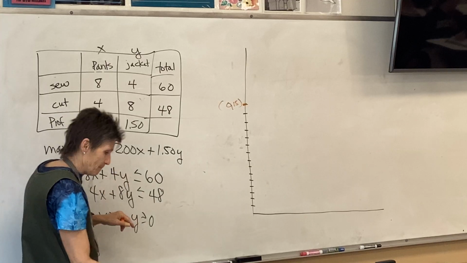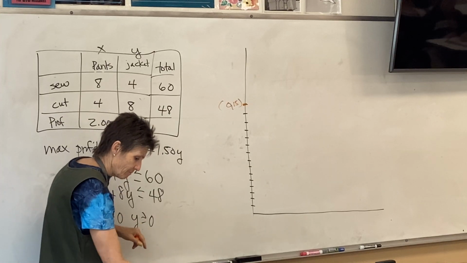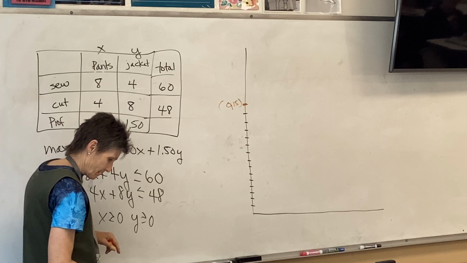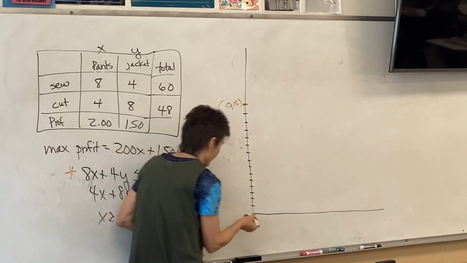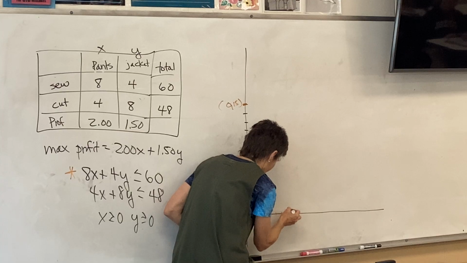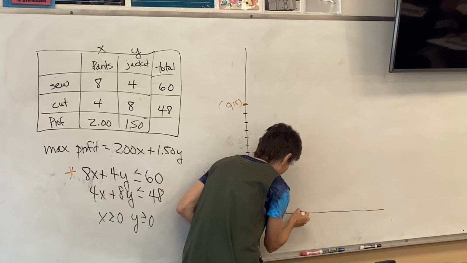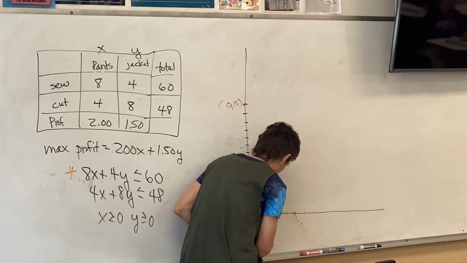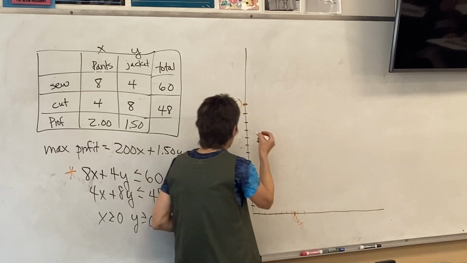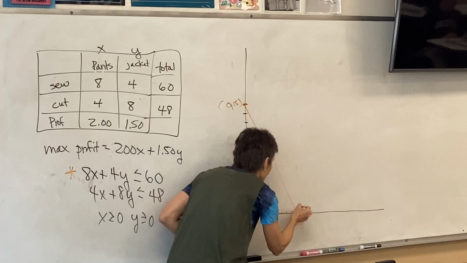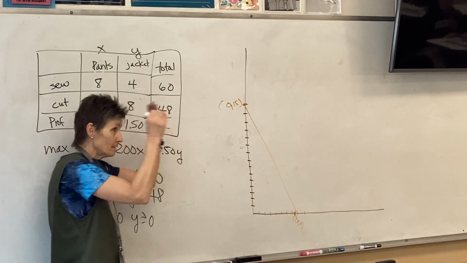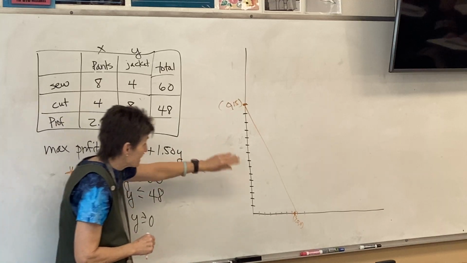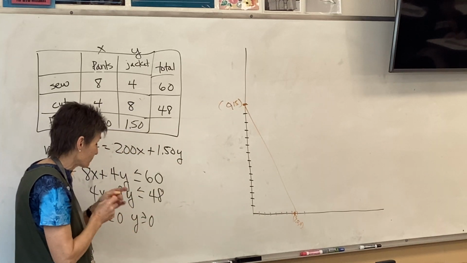What is that? 7.5. Yeah, 7.5. All right, so I'll connect those. And I am going to shade below, because this is less than, so I'm shaded inside that triangle.